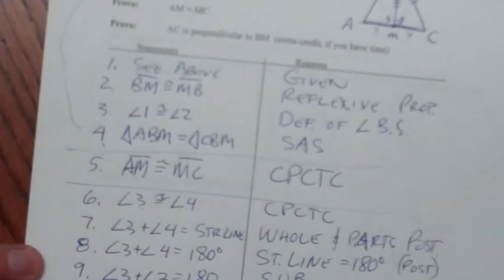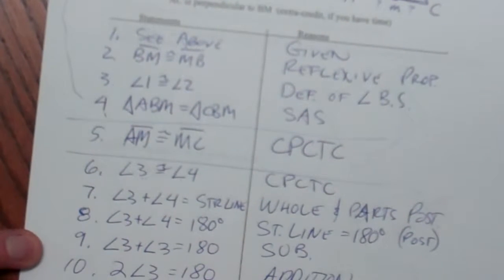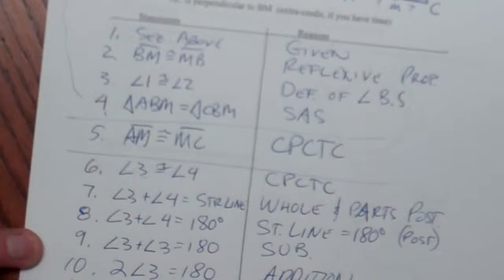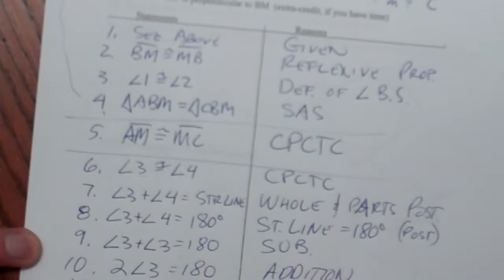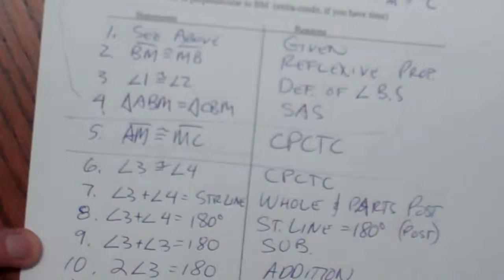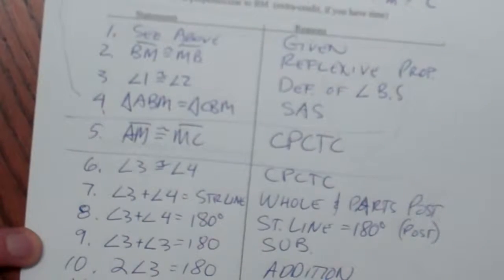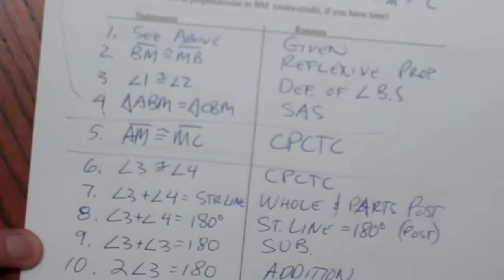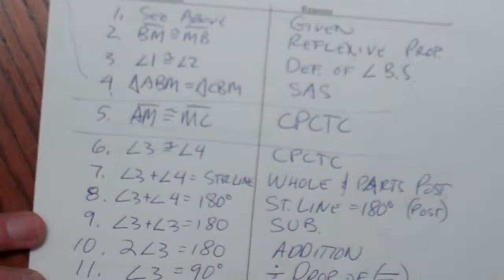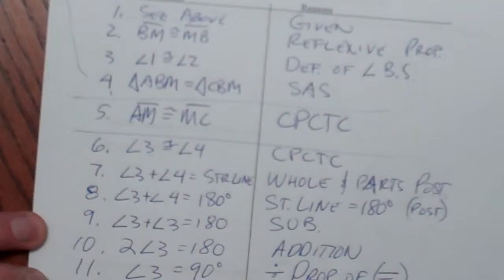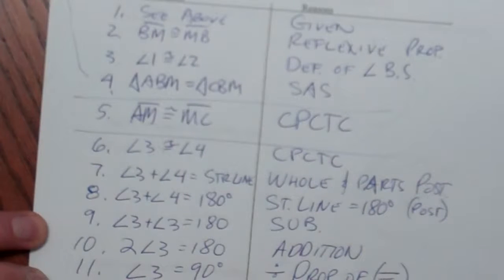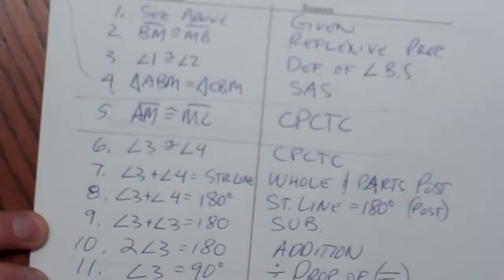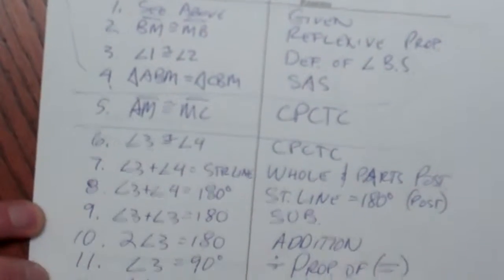And then step 11 would be angle 3 equals 90 degrees, and that's the division property of equality.